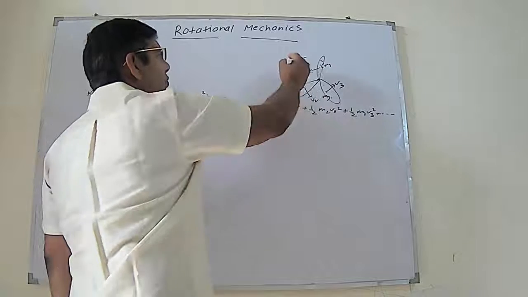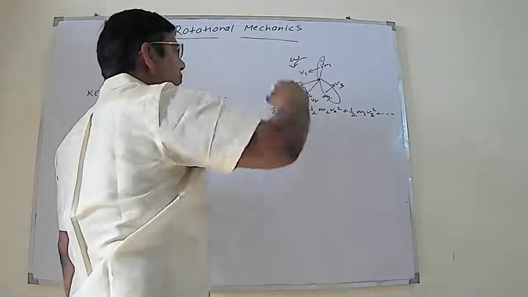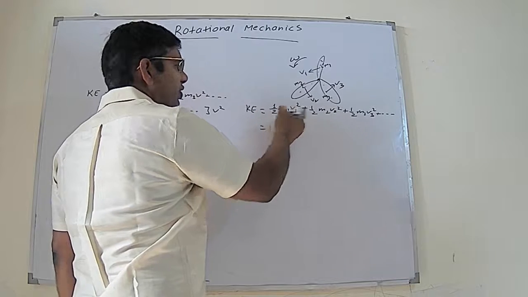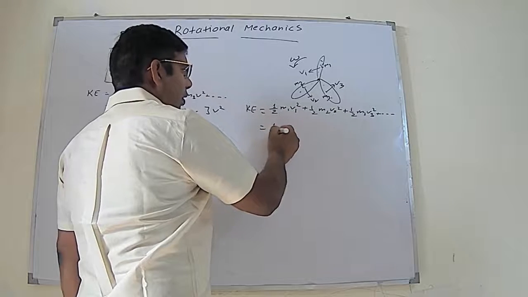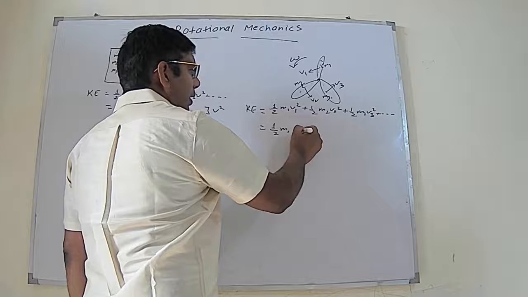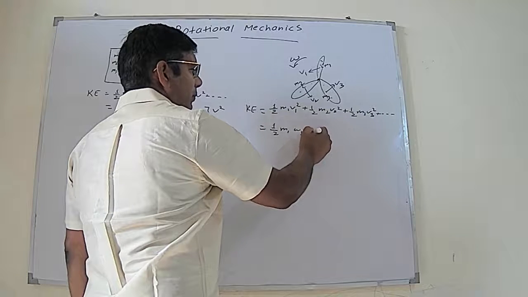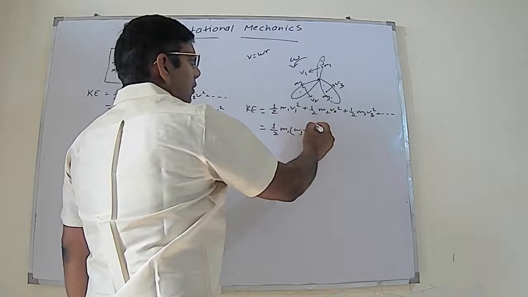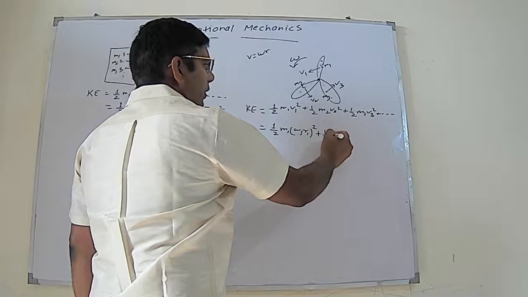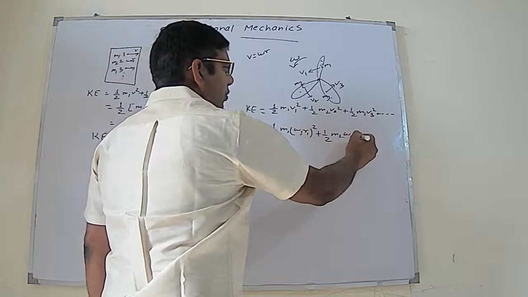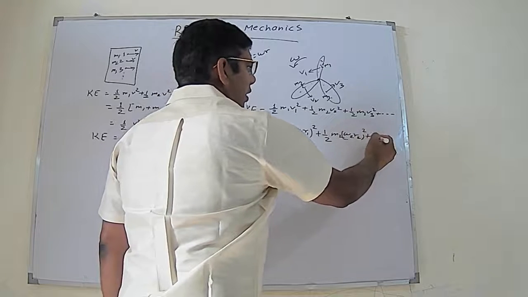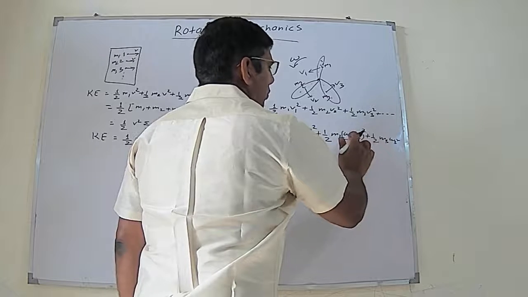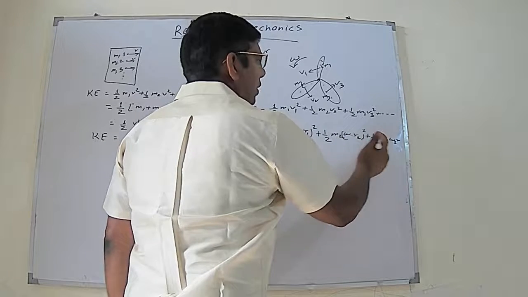Because if it is moving with omega, then we can write half of m1 times omega 1 r1 whole square, because v is equal to omega r, plus half of m2 omega 2 r2 whole square, plus half of m3 omega 3 r3 whole square. Omega 1, omega 2, omega 3 are the same.